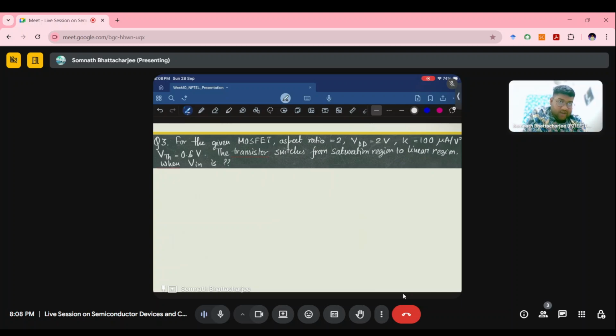So we need to find the value of Vin at which voltage the transistor is getting converted from the saturation to the linear. So we just need to find the value. Let me draw the plot here.